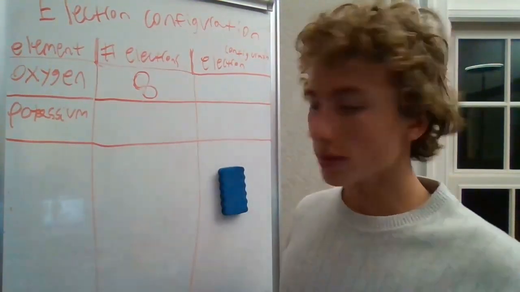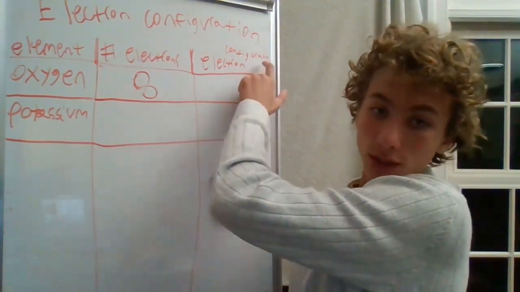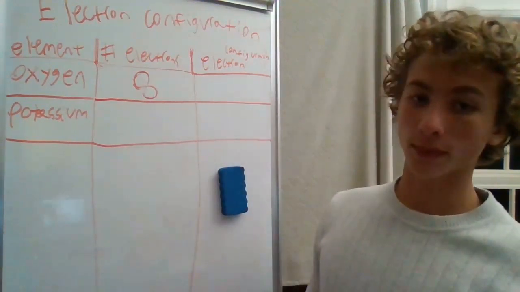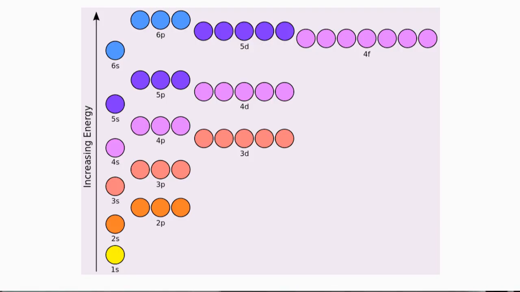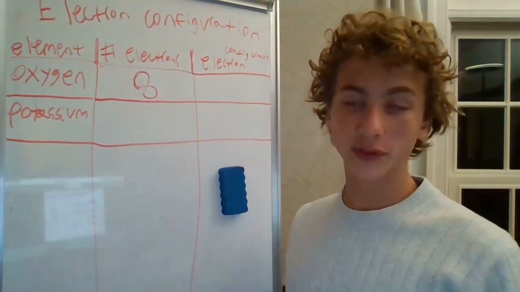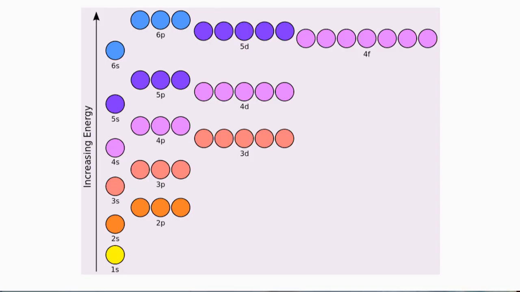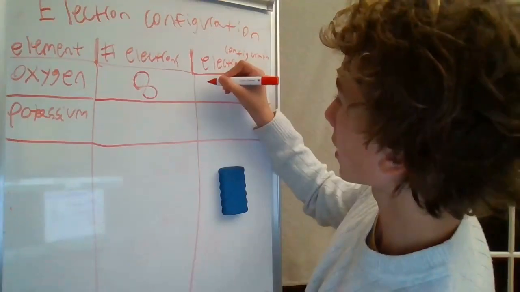So once you see that we got 8 electrons, you may be wondering, well, how do you do the electron configuration? Well, if you look at this chart here, it goes from that 1s down below. So you have to start at the lowest power. So you go from that yellow down below, so 1s. And the way it works is, you write down 1s.